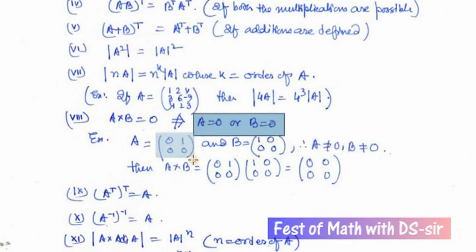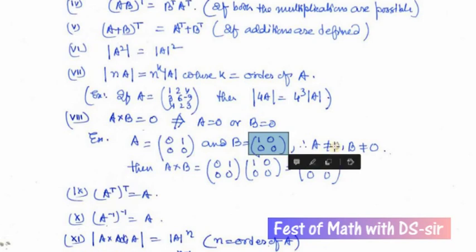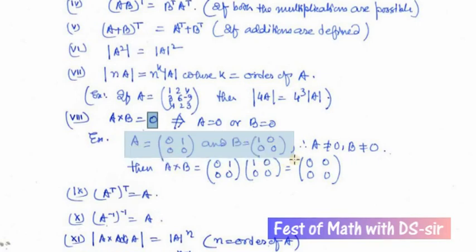Note that A is 0, 1, 1, 0, 0, so it is not a 0 matrix. B is also not a 0 matrix. So A is not equal to 0, B is not equal to 0. But see, A into B is 0. Here 0 means the 0 matrix. So you have to memorize at least one example because you may be asked this question. The question may arise like this: does A into B equal to 0 imply A is equal to 0 and B is equal to 0? Justify your answer with an example.